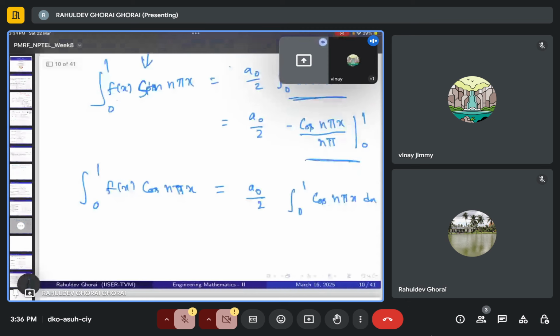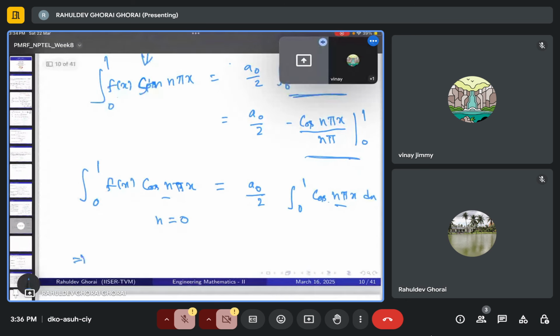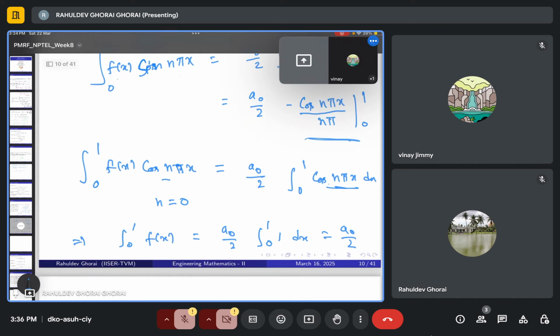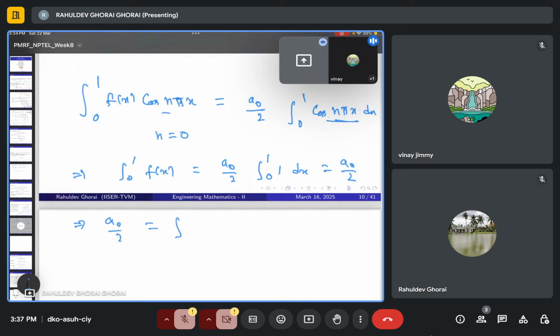And as it is true for any n, I put n equal to 0. So 0 to 1 f(x) is equal to a naught over 2 times the integral 0 to 1 of cos 0, which is 1, dx. So a naught over 2 will be the integration of 0 to 1 f(x) dx.